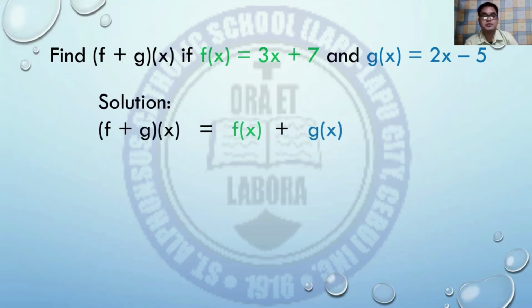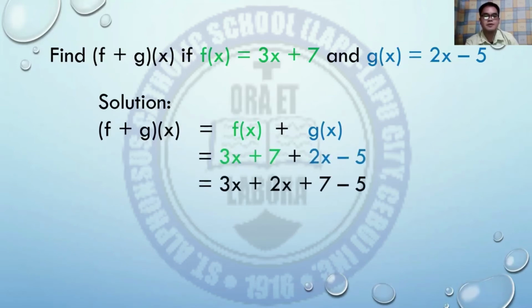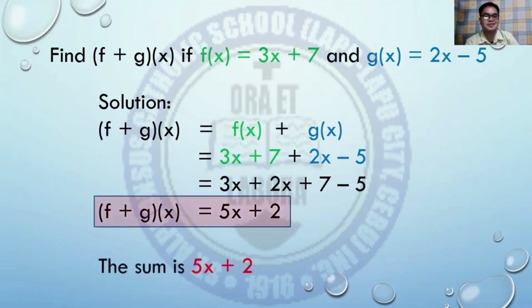Now, substitute the equivalent expressions of our f of x and g of x, which are 3x plus 7 and 2x minus 5. Now, arrange them according to similar terms, 3x plus 2x plus 7 minus 5, and then combine them. 3x plus 2x, that is 5x. 7 minus 5, that is 2. And the sum of the two functions is 5x plus 2.